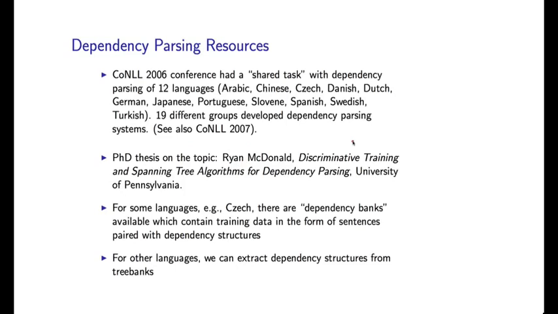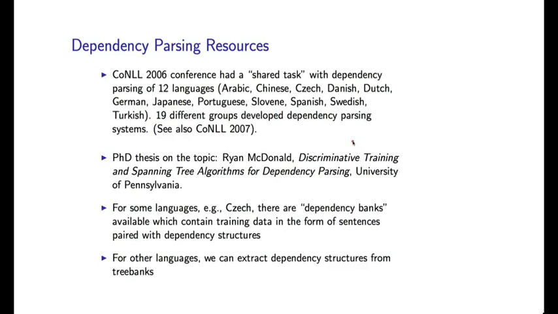So there's been considerable interest over the last few years in dependency parsing. You'll see later in this lecture it has certain advantages in terms of efficiency and simplicity. But let me talk a little bit about resources.